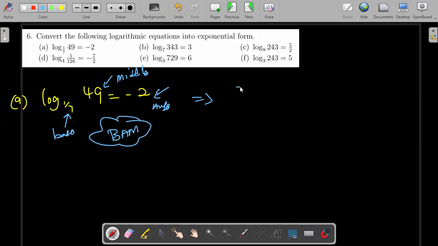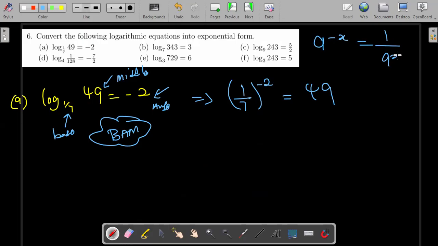My base is 1 over 7 to the power answer is equal to 49. And this is true because I have a negative power. Remember, when we talked about exponents or indices, we said a to the power minus x is the same as 1 over a to the power x, right?